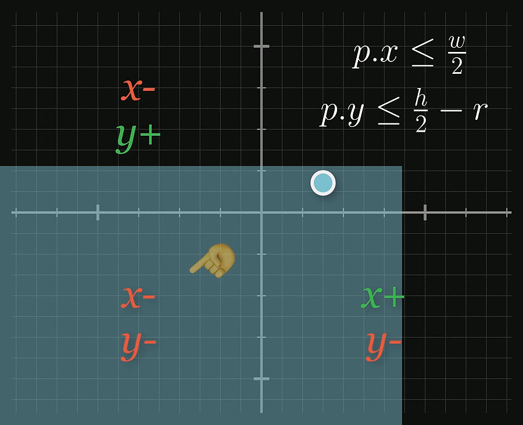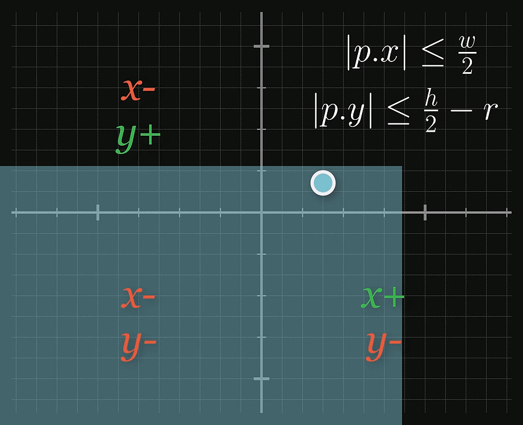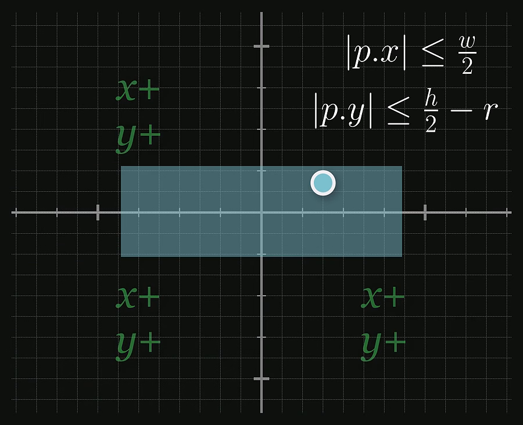In fact, in this quadrant, both the x and y are always negative, meaning that the check is completely useless in this quadrant and all points pass the less than or equal to check. This is fixed by just taking the absolute value of the x and y, which flips any possible negative number to being positive, making the check virtually identical in all 4 quadrants.